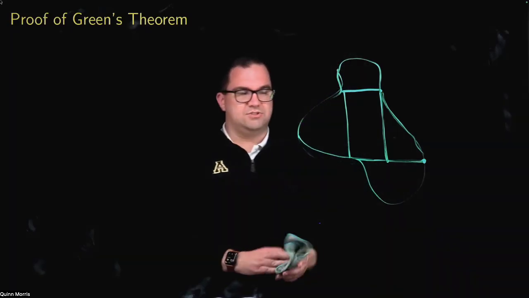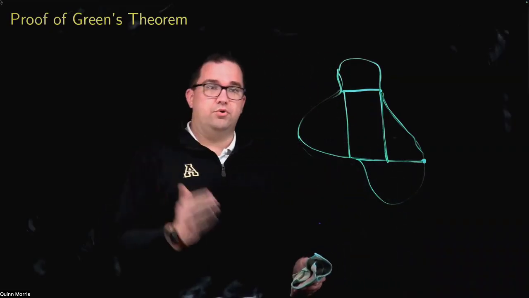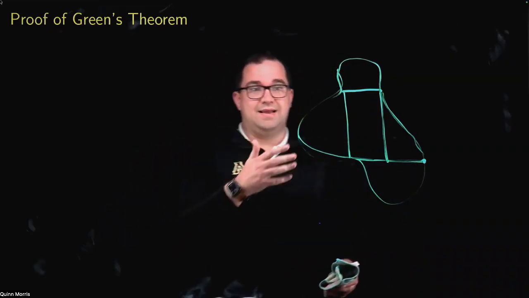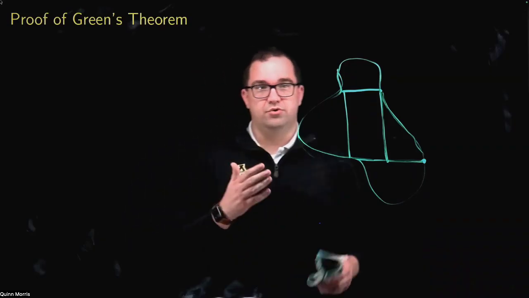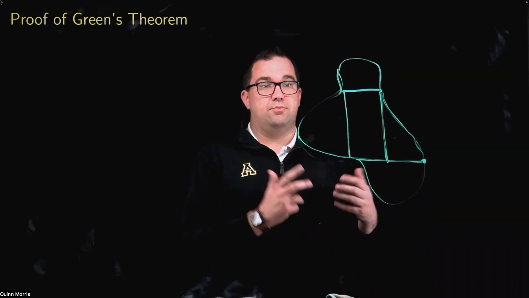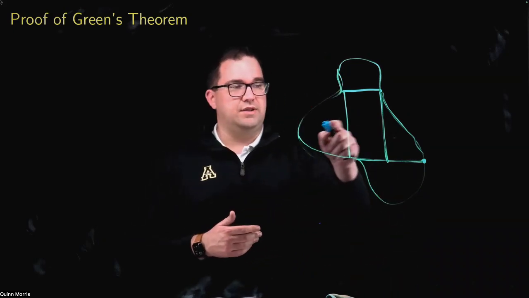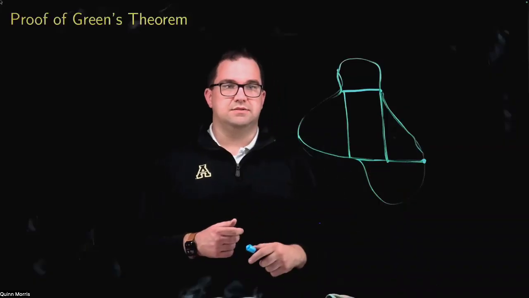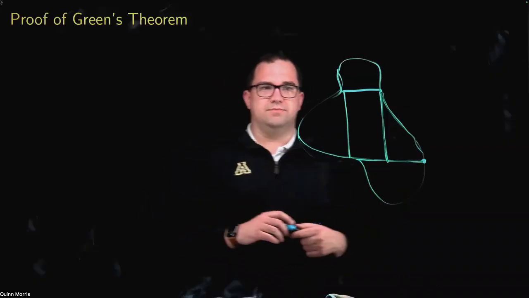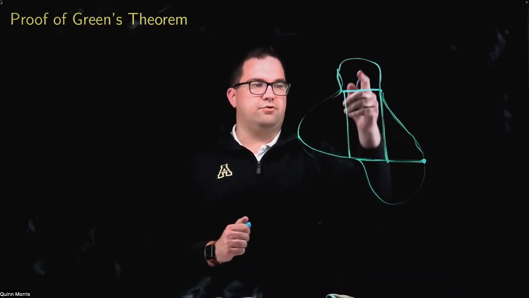So as soon as I show that it works for regions that are both type 1 and type 2, it works for more general regions that I can partition into subsets that are both type 1 and type 2. And then what you do is you apply Green's theorem on each of the pieces. So you apply the double integral on each piece.